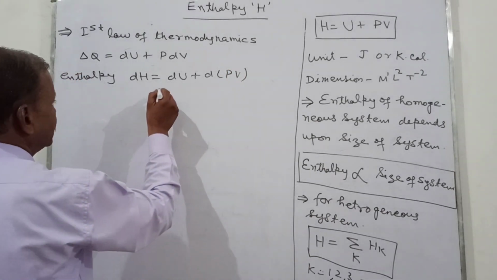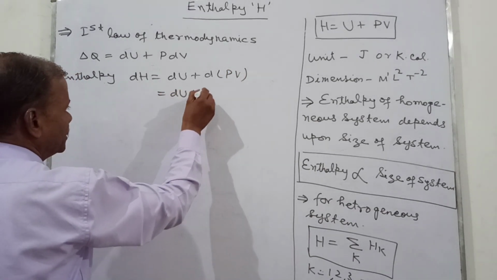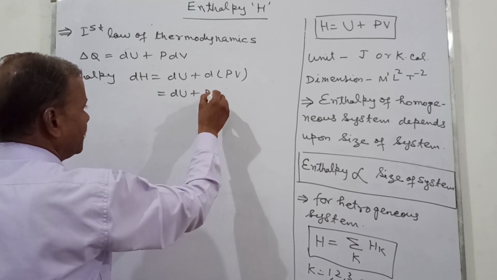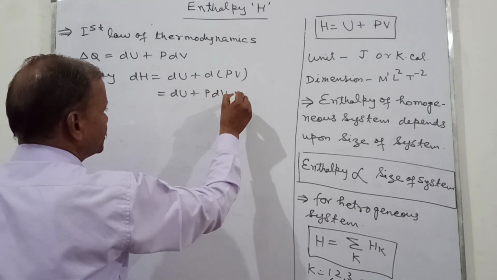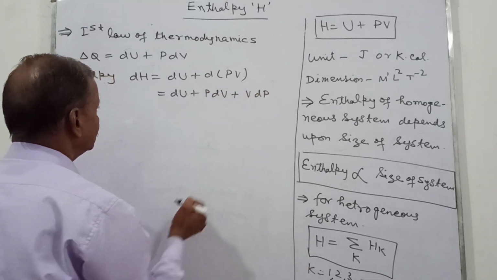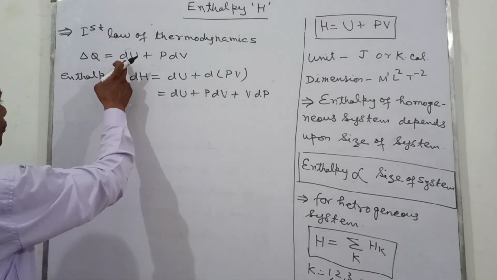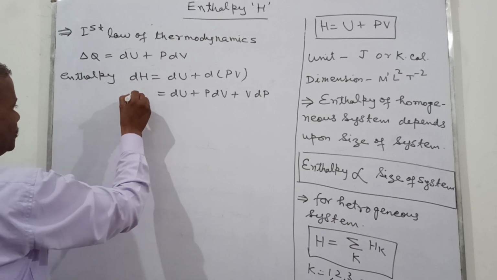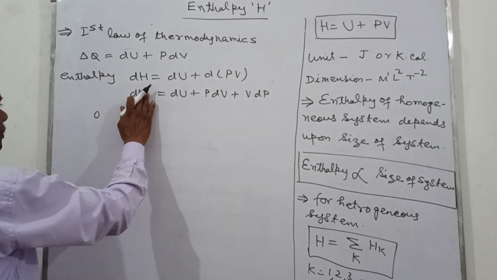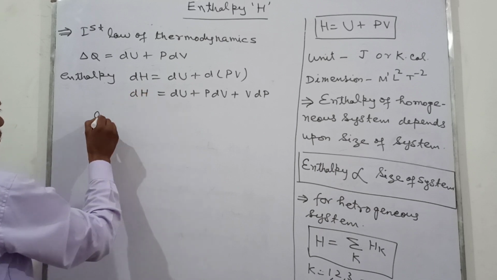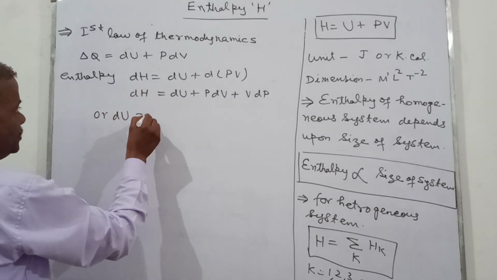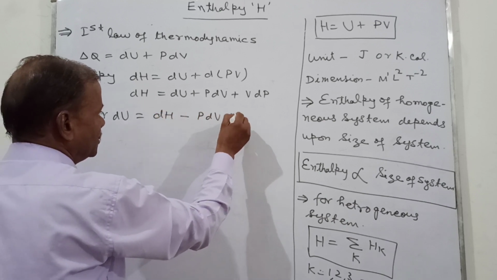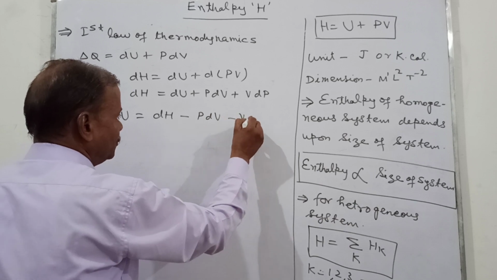So now what we have, this is equal to dU plus P dV plus V dP. So now put the value of dU: dU is equal to dH minus P dV minus V dP.